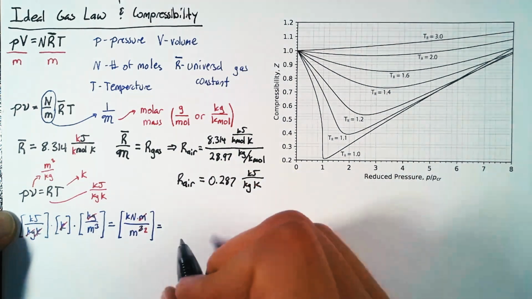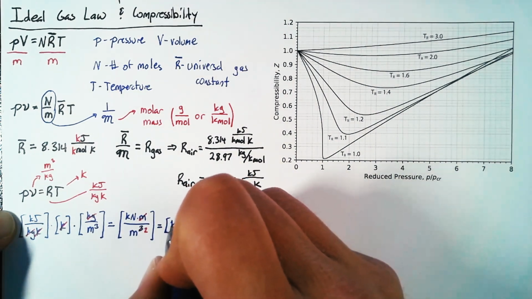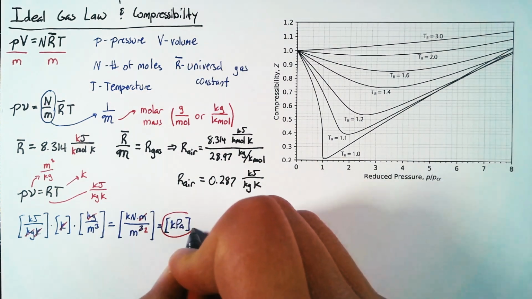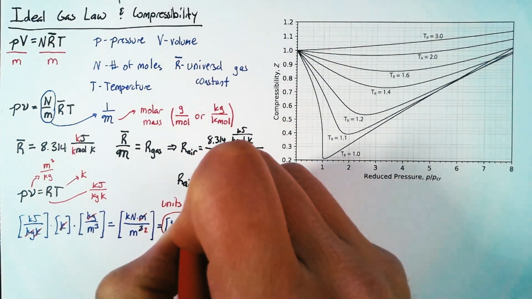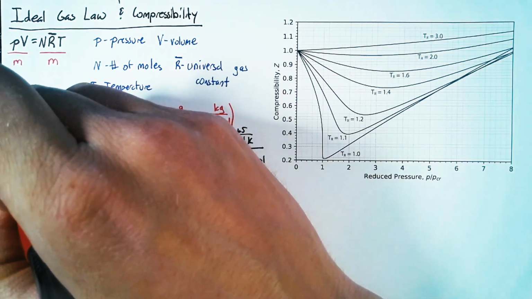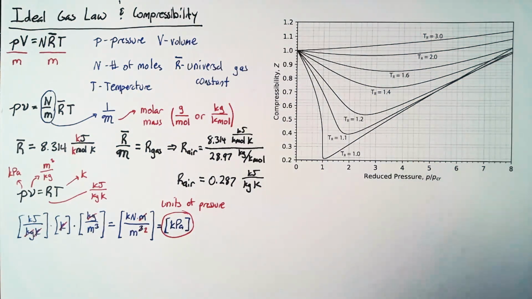A newton per meter squared is a Pascal, and so the units that we need for pressure are kilopascals, which is not typically the base unit of pressure. Oftentimes, whenever we're looking at tables, we have things in megapascals, and Pascal would be the base unit, so it's neither of those. It's very important that we use kilopascals whenever we're using this equation.